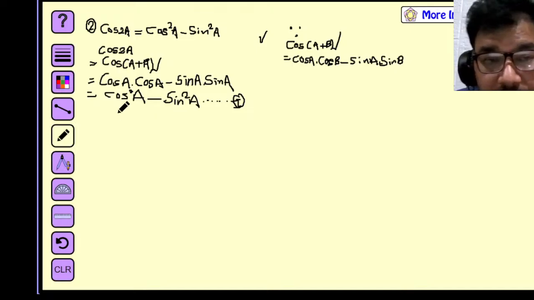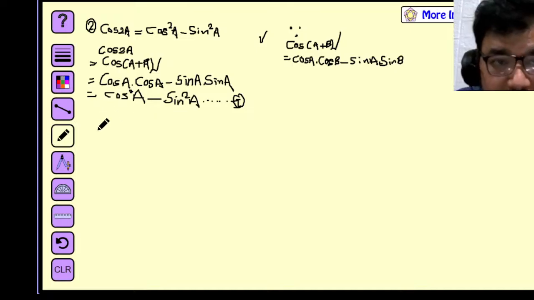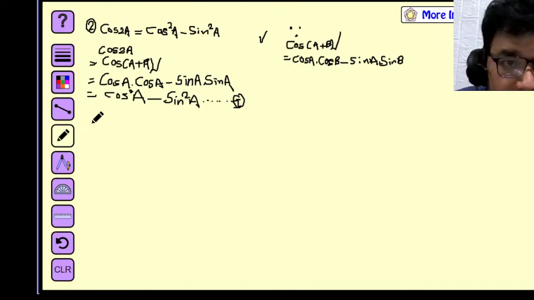From here, we can derive other more relations of cos 2A. Here we can convert both either in cos or sine. First, let's convert both these terms in cos. Then what will happen? Look here.